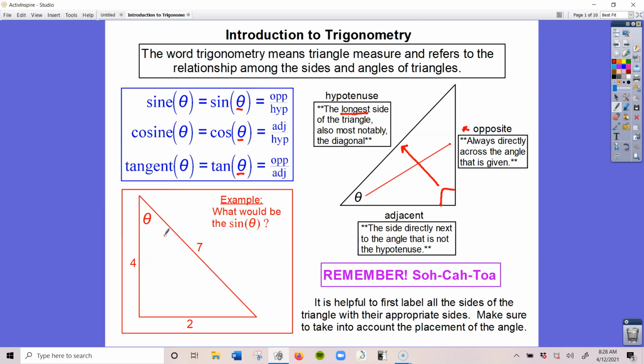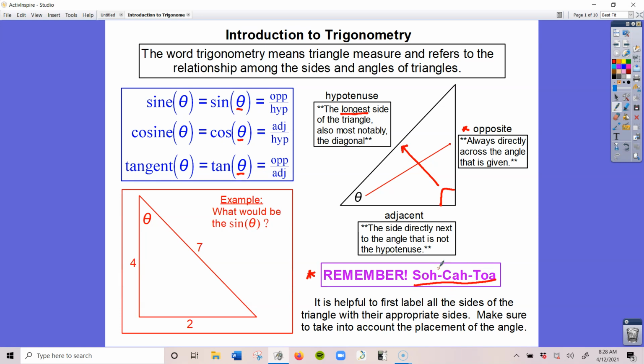So here we have this triangle as an example so that we can try that out. This is the angle that is defined, and we're being asked what would be the sine of theta. Sine is opposite over hypotenuse. And if you ever forget what your ratios are, we can use this here to help us. SOHCAHTOA.